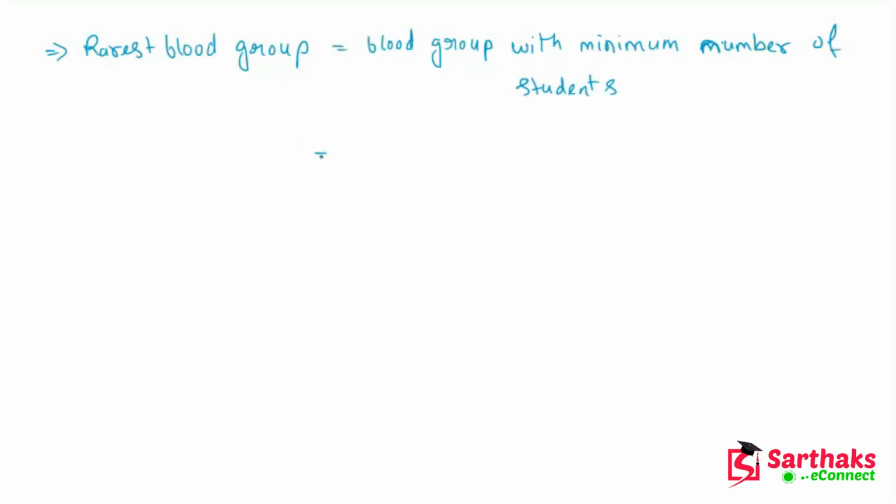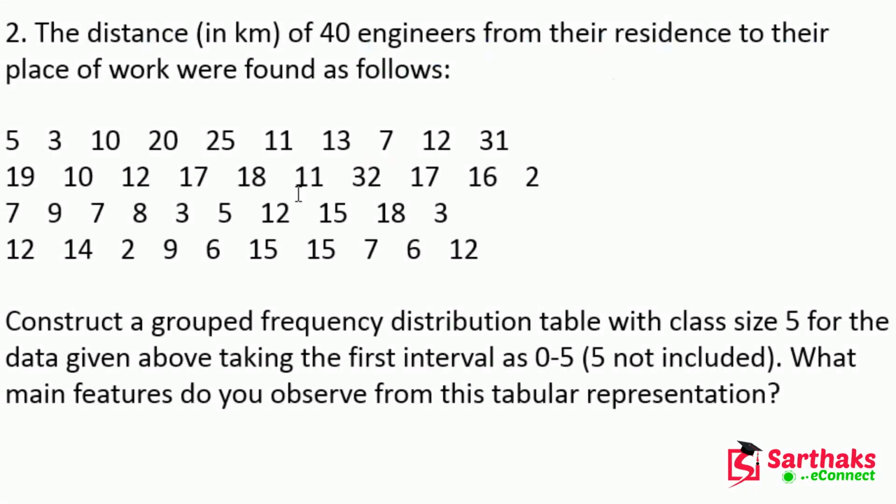So the answer is AB. So the rarest blood group is AB. Okay, now let's move on.